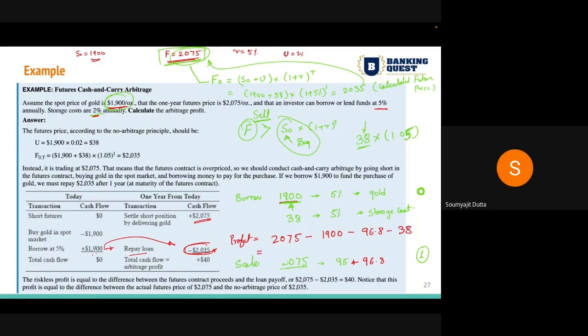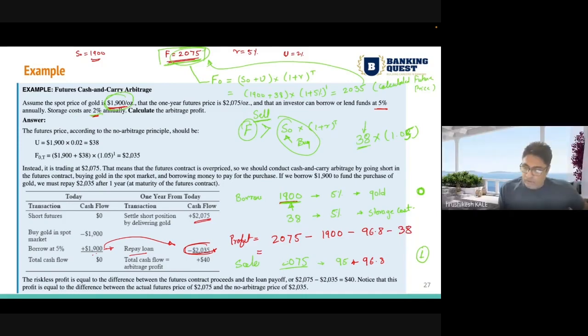Right? Your profit will be 40 point something. Got it? Yes. So that's how you need to do arbitrage.